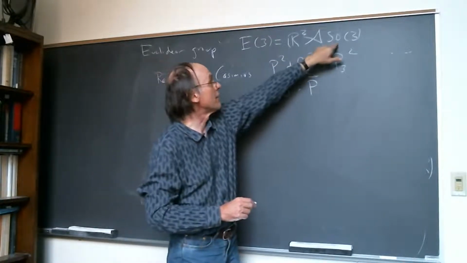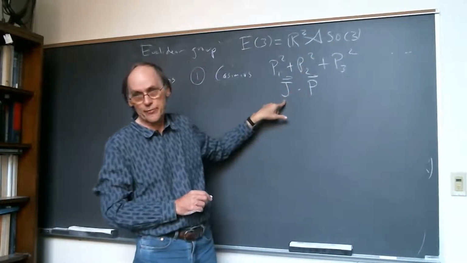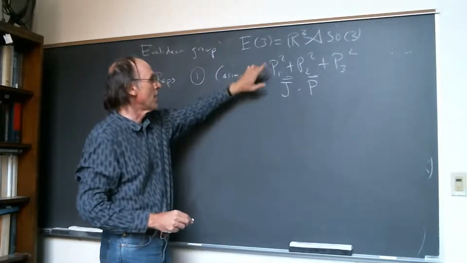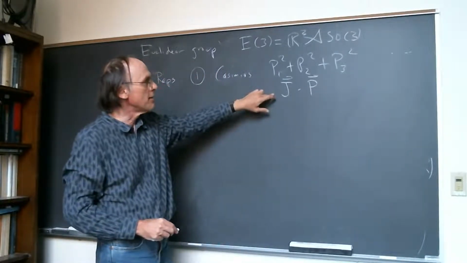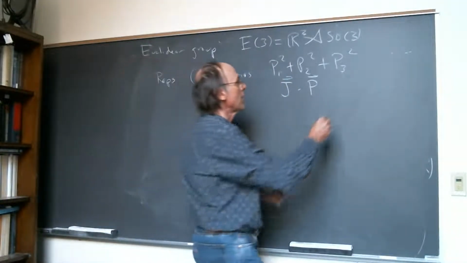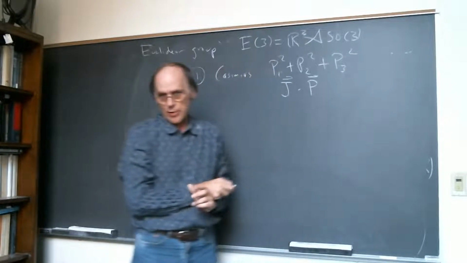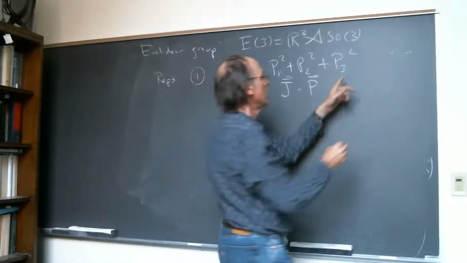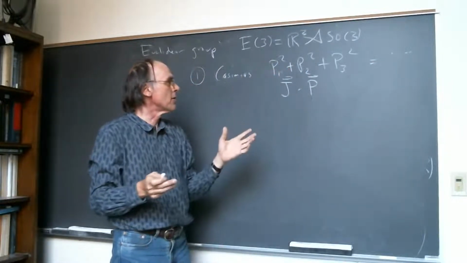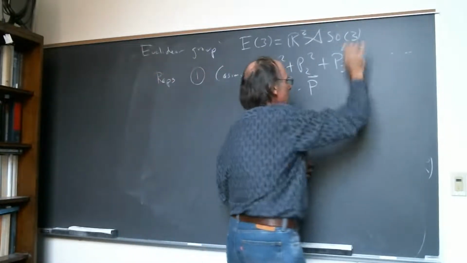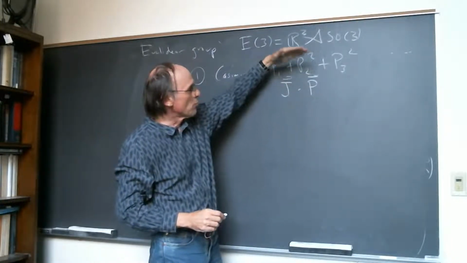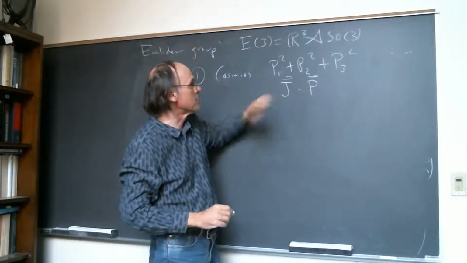The fact that you can do infinitesimal rotations gives you a J. And then you have these two operators, and we found that you could classify representations by the eigenvalues of these two operators.